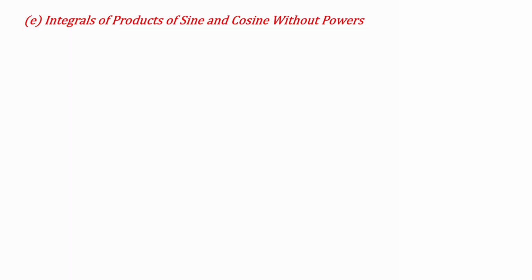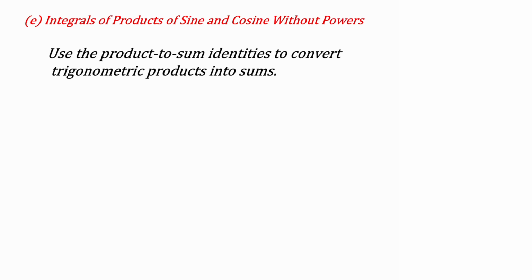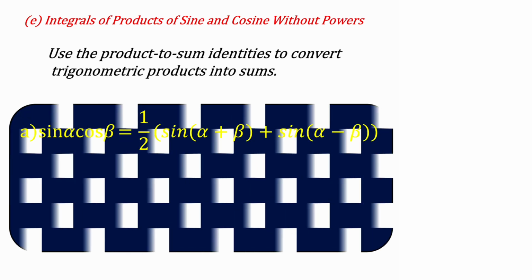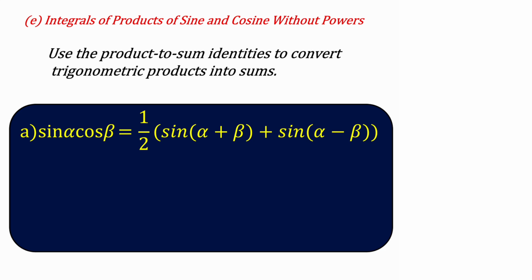Normally, we don't know how to integrate products directly, but there are formulas that convert trigonometric multiplication into addition. Look at what this formula says. Sine alpha times cosine beta is equal to 1/2 of sine alpha plus beta plus sine alpha minus beta.